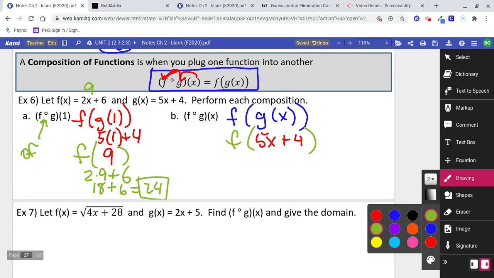The f function says 2 times something plus 6. And we're plugging in 5x plus 4. Just do what it says to do. It looks like distributive property, so I'm going to distribute that 2, and I get 10x plus 8 plus the 6 would give me 10x plus 14.